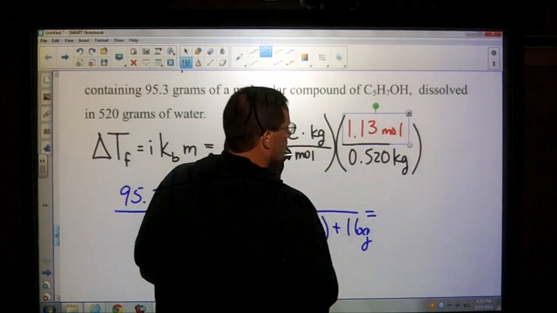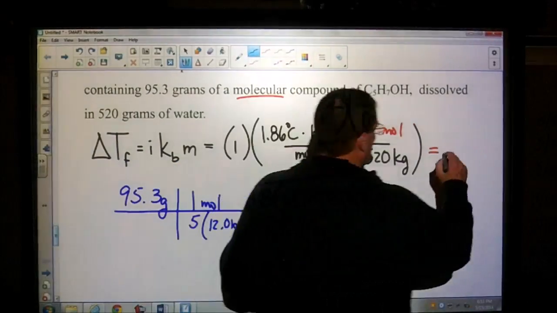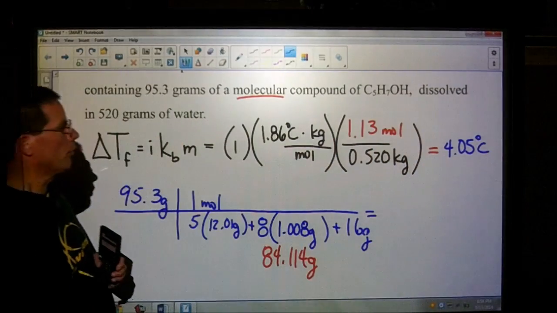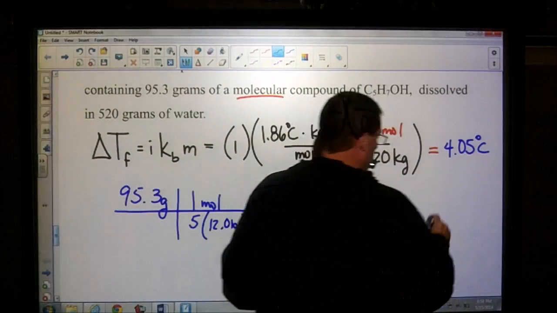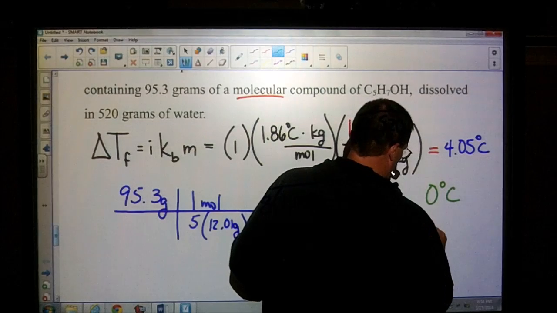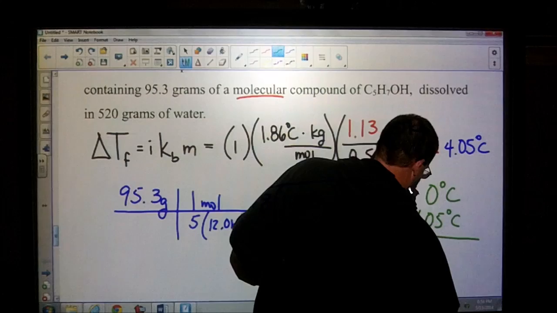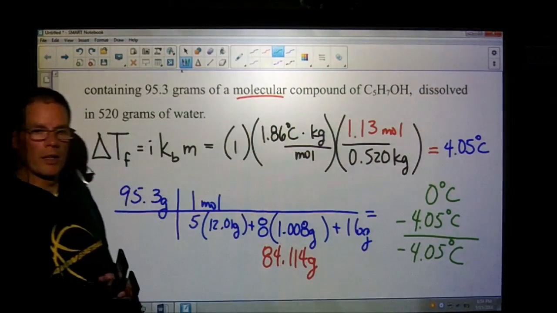Put it up here. 4.05 degrees Celsius is the change for the freezing point. Water freezes at 0. Therefore, we will subtract by that much. So negative 4.05 degrees Celsius is our final answer.